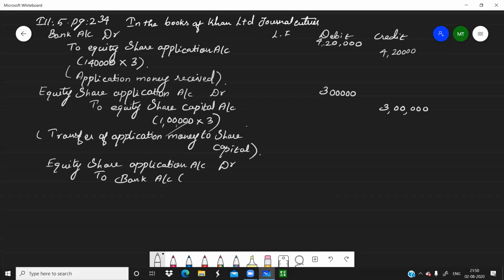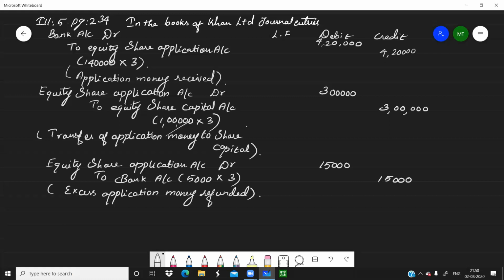The amount: 5,000 into application money of 3 rupees is 15,000. The narration is excess application money refunded.